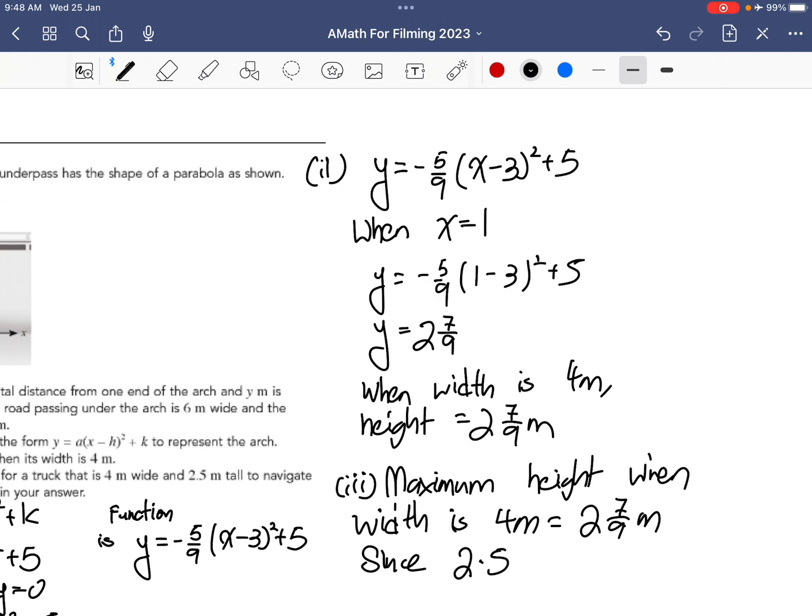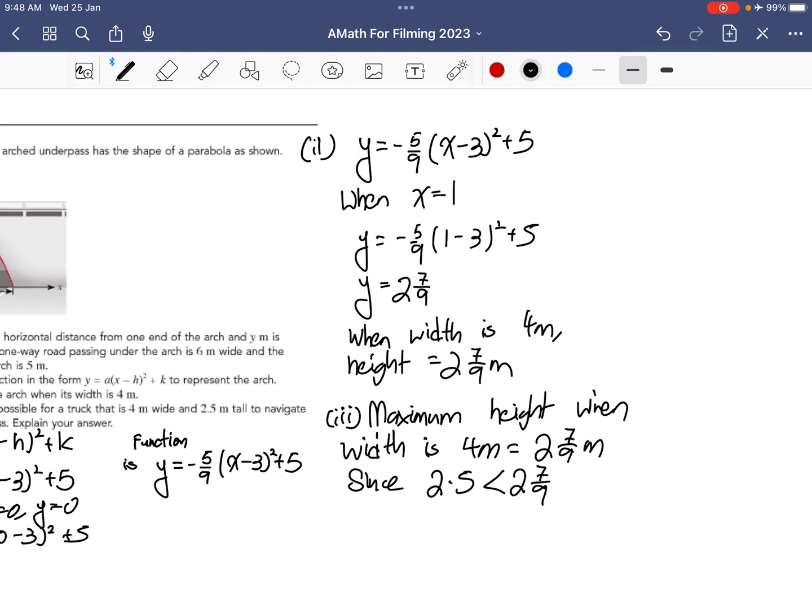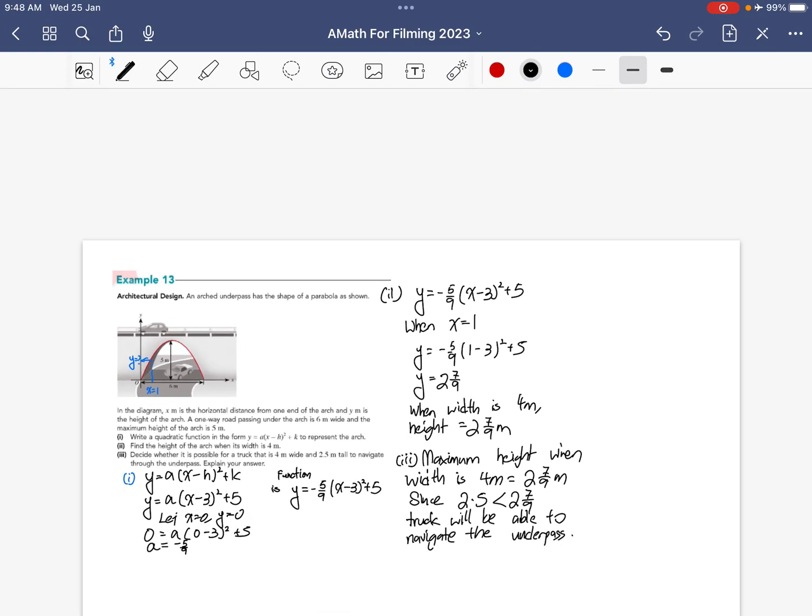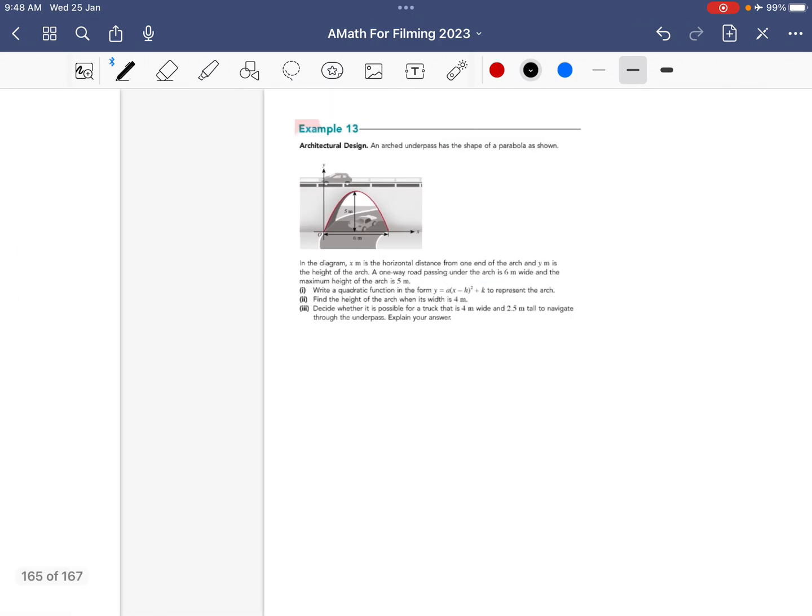Then since 2.5 meters, which is the height of the truck, is less than 2 and 7 over 9 meters, the truck will be able to navigate the underpass. The top of the truck will not hit the underpass itself.